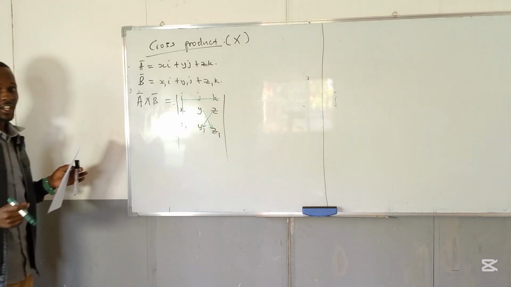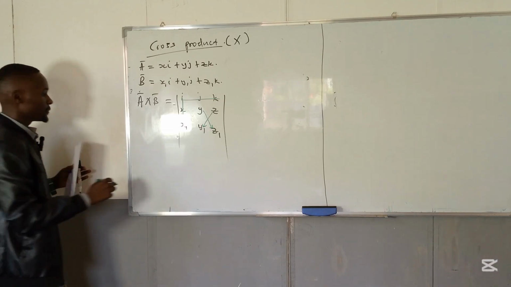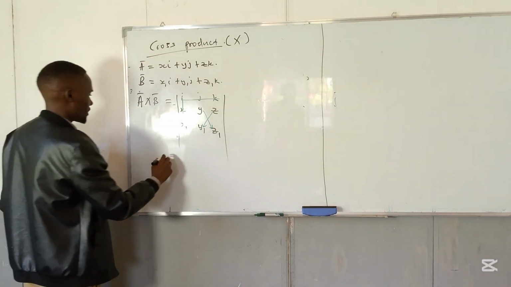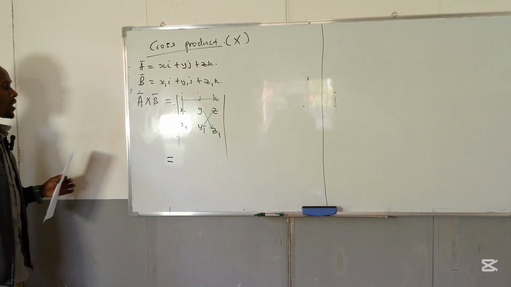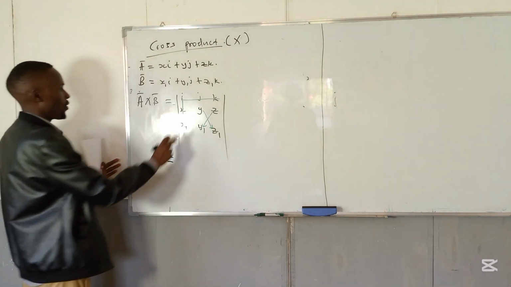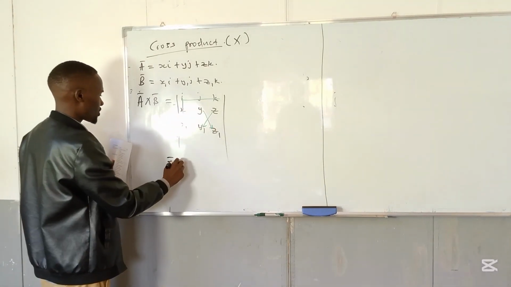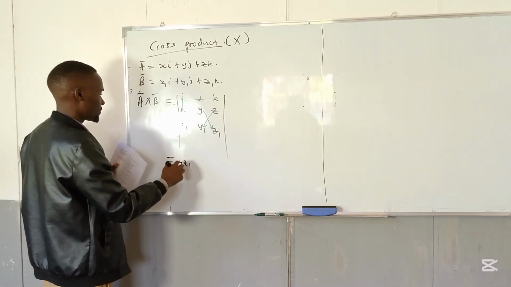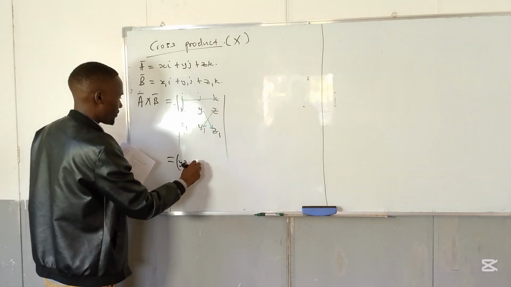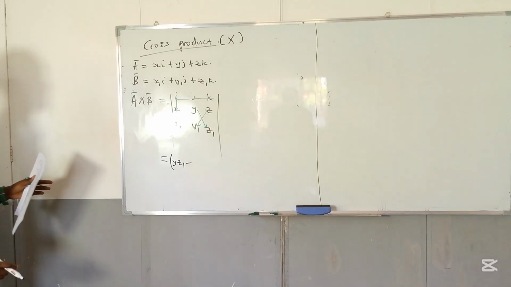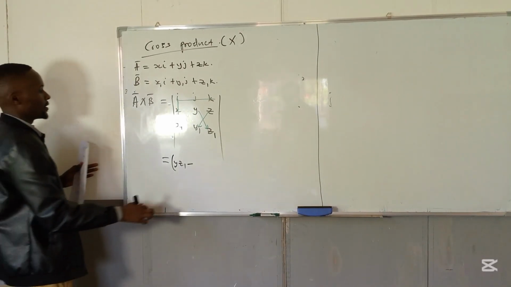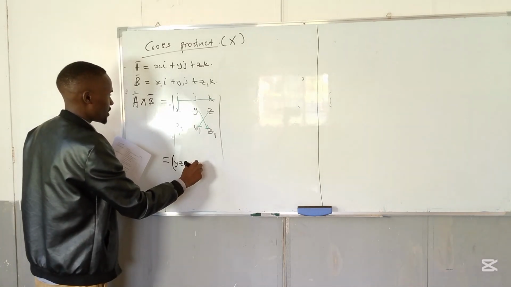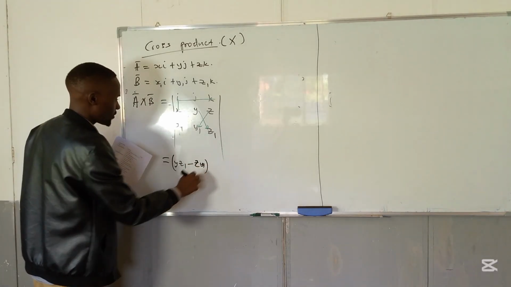So it will be y times z1, which is y z1, minus z times y1.